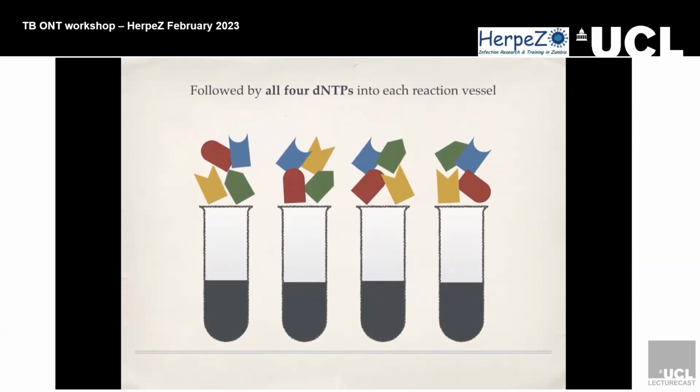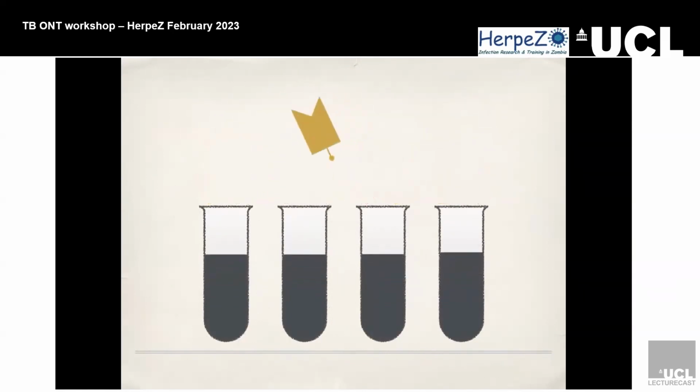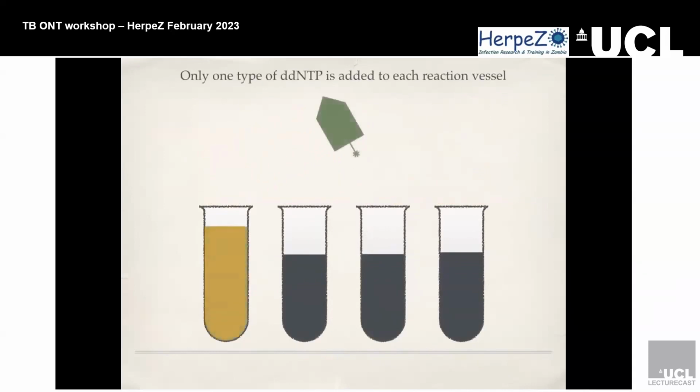It's showing you have the enzyme, you add your sequence, now you're adding both ddNTPs and dNTPs to each of the chains.